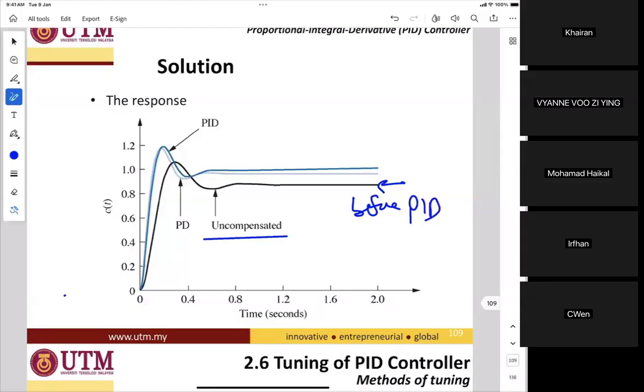Then the light blue is the PD controller, still has error. And the final one is the PID, where it solves the steady state error, becomes 0, and the peak time is two-third of the previous one.